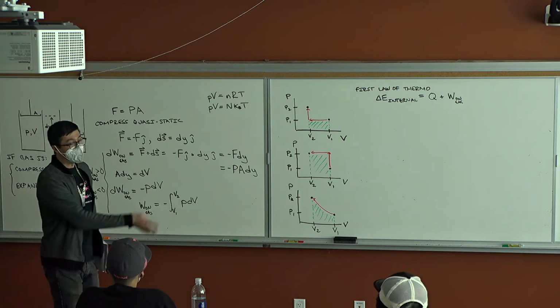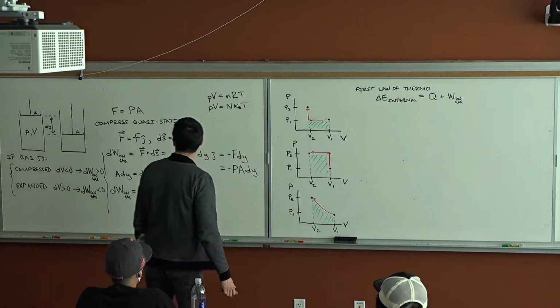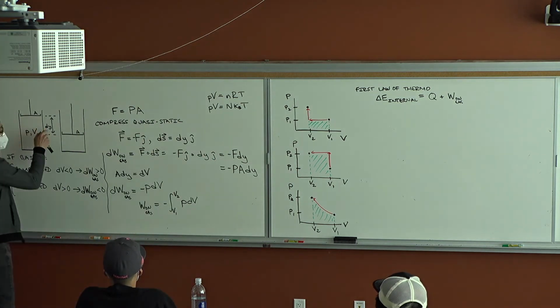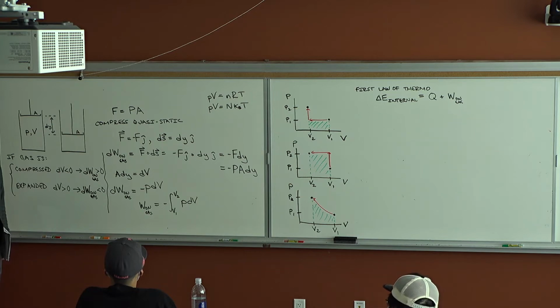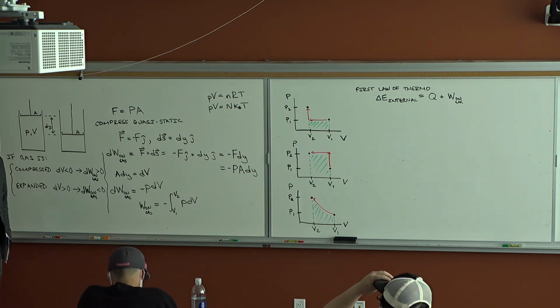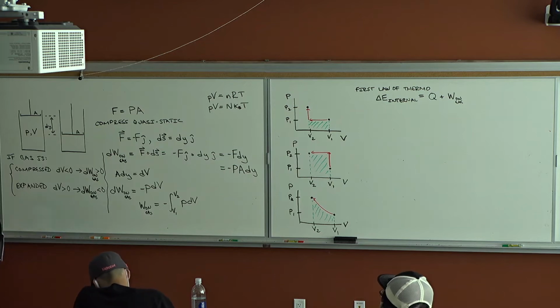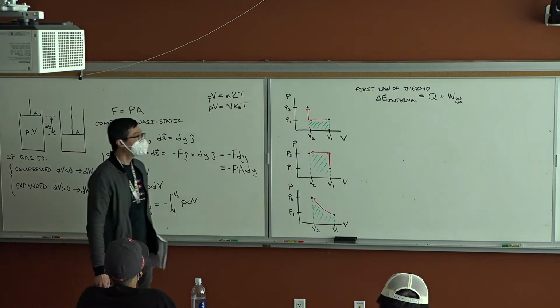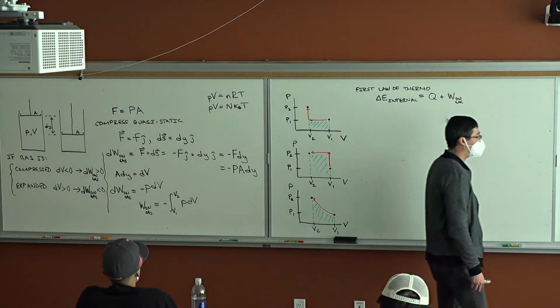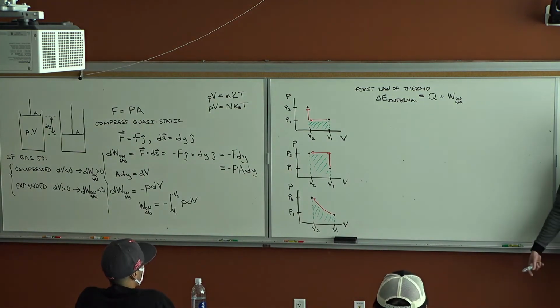What I am building into that is that the cross-sectional area isn't changing dramatically over dy. Would it be a different derivation if it was a sphere? Harder derivation. But you'd still end up with PdV? Yeah. You would. I would be cowering in the corner.